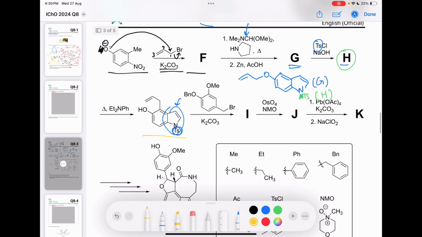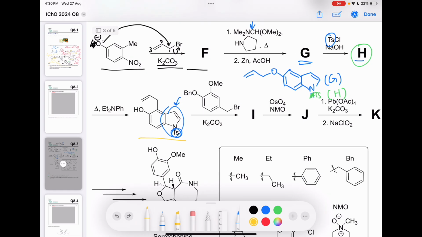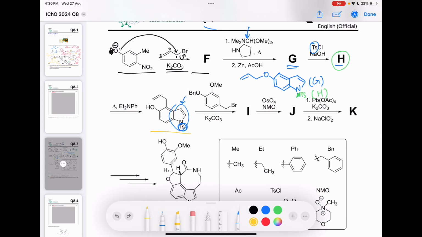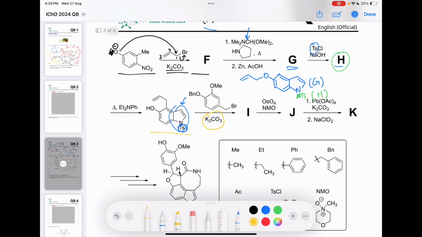Now, what happened from this structure to compound I? Well, we had K2CO3 again. Doesn't that look familiar? So the same thing happened. This H got removed, giving you a good nucleophile to attack this, making the Br leave.